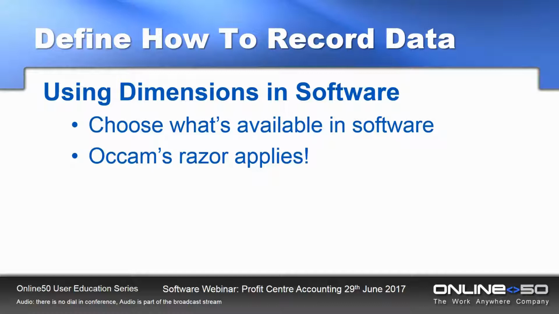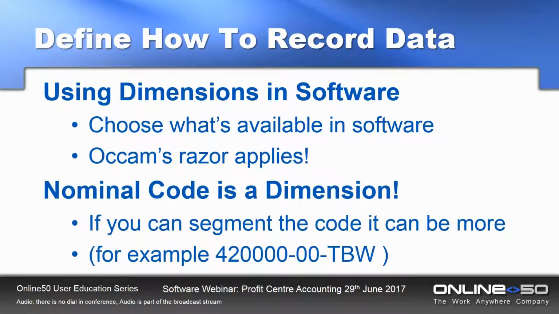Then we need an extra dimension to record that. Now, I did mention you could create additional nominal codes, and that nominal codes are a dimension. In some systems, it's possible to segment the nominal ledger. So you can't do that in Sage 50. I think in Sage 200 you can have two segments enabled. SAP Business One does allow segmentation. We'll talk about that in a minute.